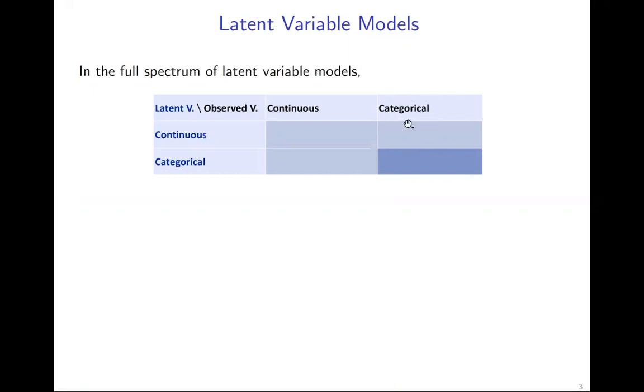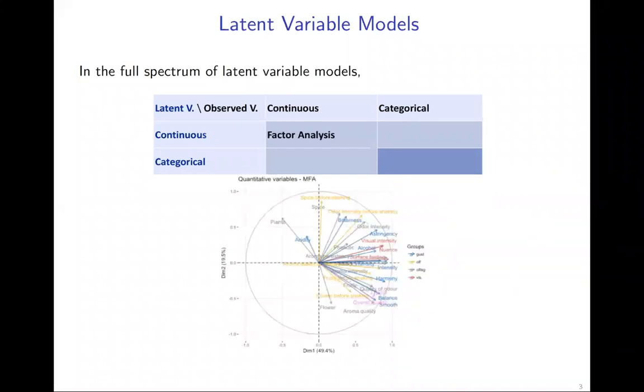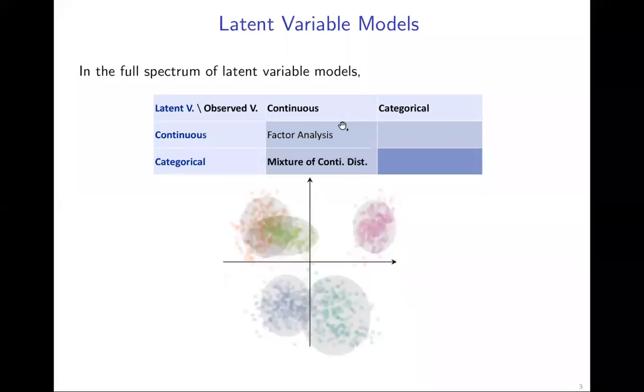But before doing that, I would like to briefly mention other members in the family. So probably the most familiar one to us should be the factor analysis, using continuous latent variables to model continuous observations. Then, if we believe there are some subpopulations of continuous data, we can move to mixture distribution, such as Gaussian mixture for clustering them.